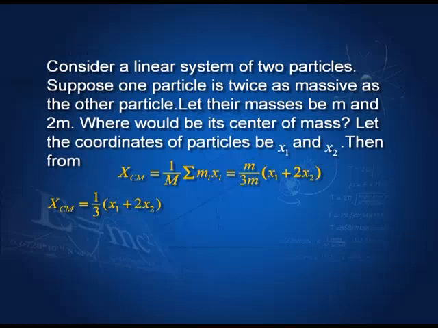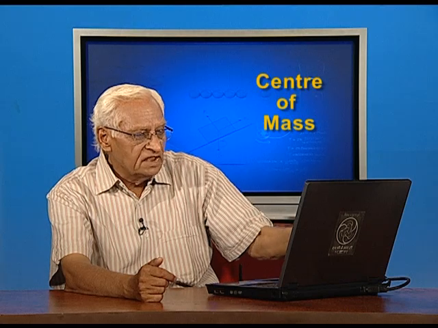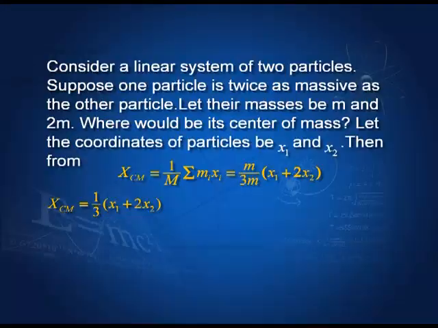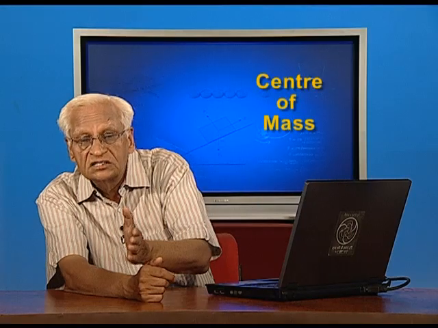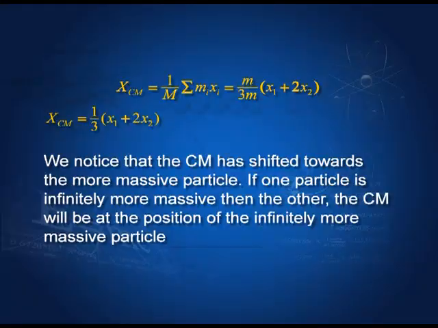You can remember that when the two masses are equal, the xcm was at the center of x1 and x2. Here it is 1/3 x1 plus 2/3 x2. It has moved towards x2, that is towards the heavier particle. So, the center of mass moves towards the heavier particle.